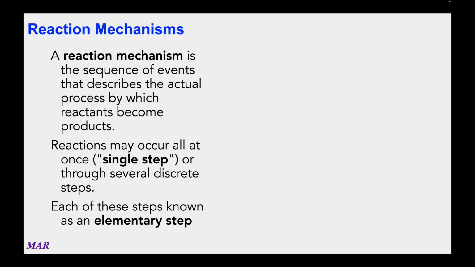So the mechanism we're going to create for a given reaction is just a sequence of events, how reactants go to products. Sometimes the reactions will go to products in a single step all at once, but a lot of times you'll have a series of what are called elementary steps. We're going to talk about the single step versus multiple elementary steps as we go through this section.